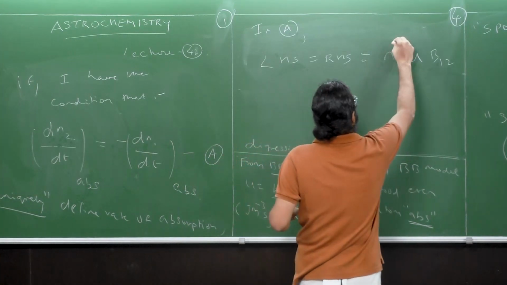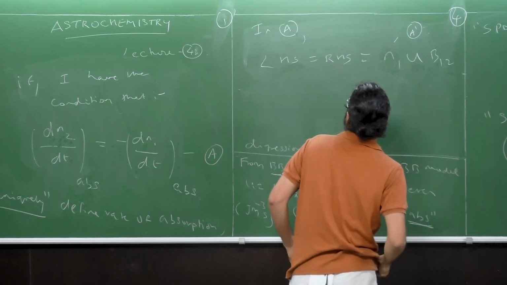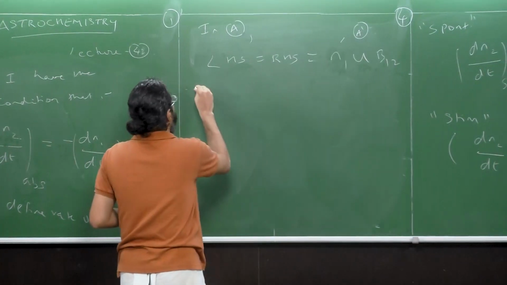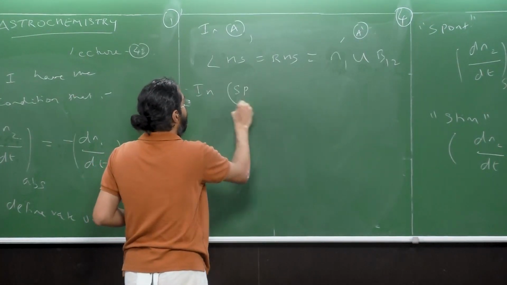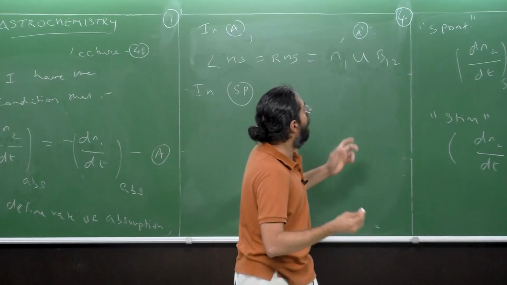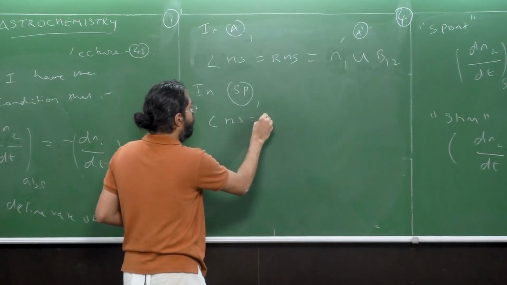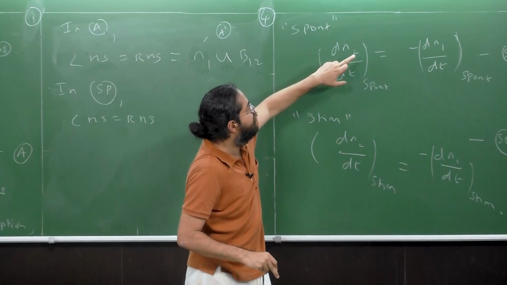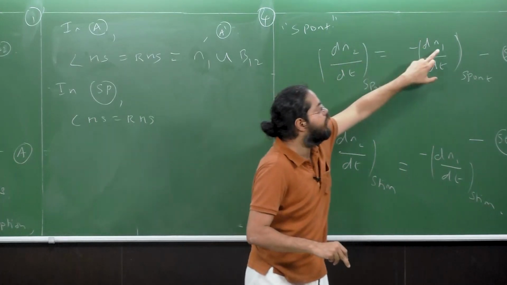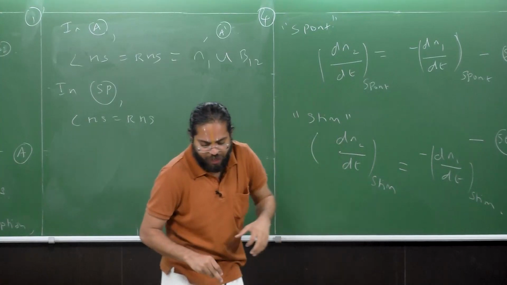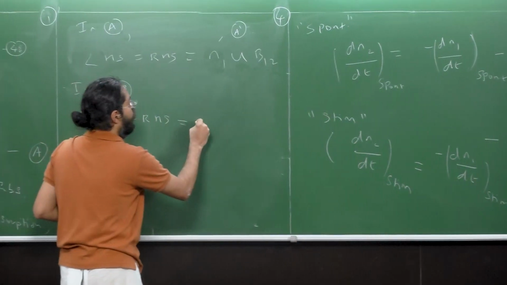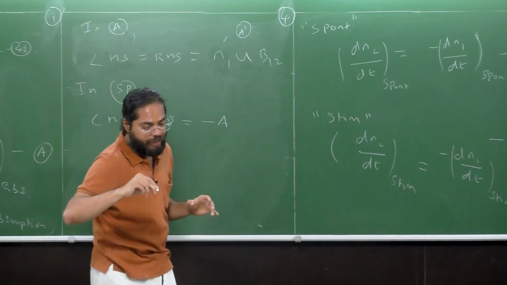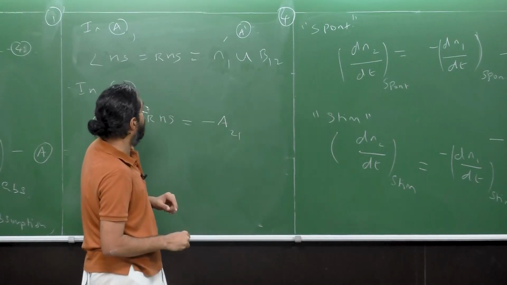I'm just going to call this equation A prime. Now, similarly, if you look at the spontaneous emission, what we note is that the LHS is equal to the RHS. That is, this term containing the number of electrons in the excited state and the term containing the number of electrons in the ground state, they are actually equal to minus A. Let's say that A is some constant, and I'm going to call this A21.